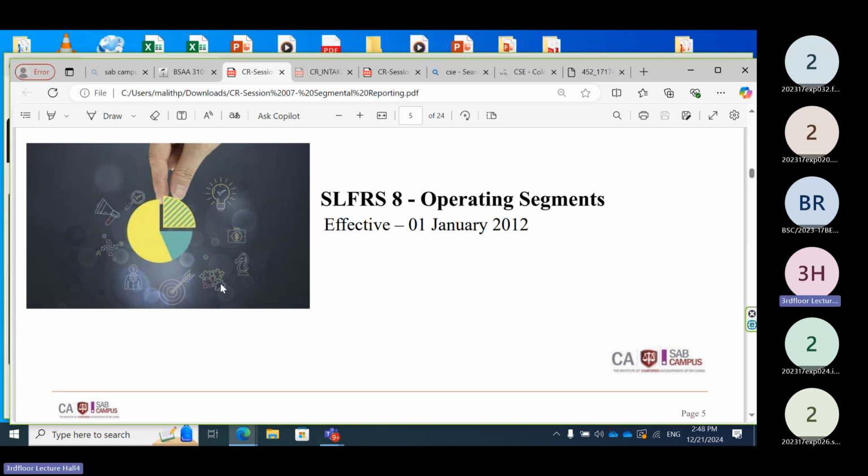So we need to understand why we are having this type of standard. As I mentioned previously, there are standards because if people are playing around with that information, giving different information to the market, it will create complexity in doing the comparison. If it is so, we are having a standard.